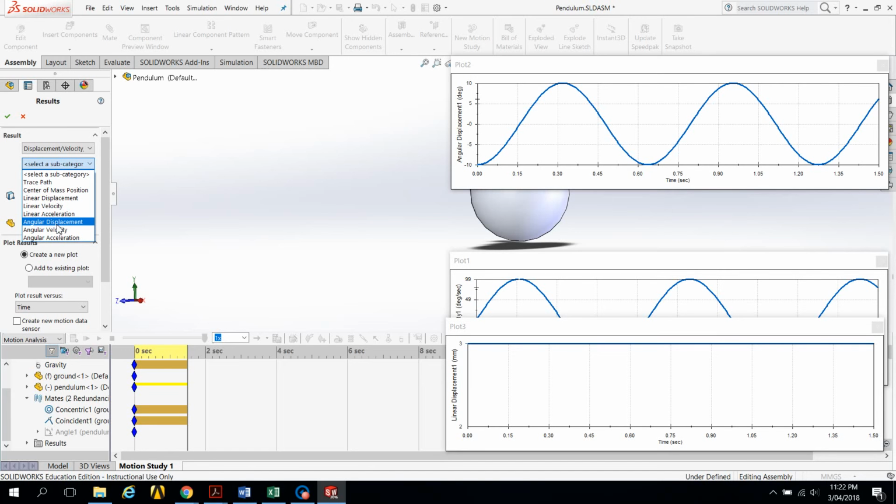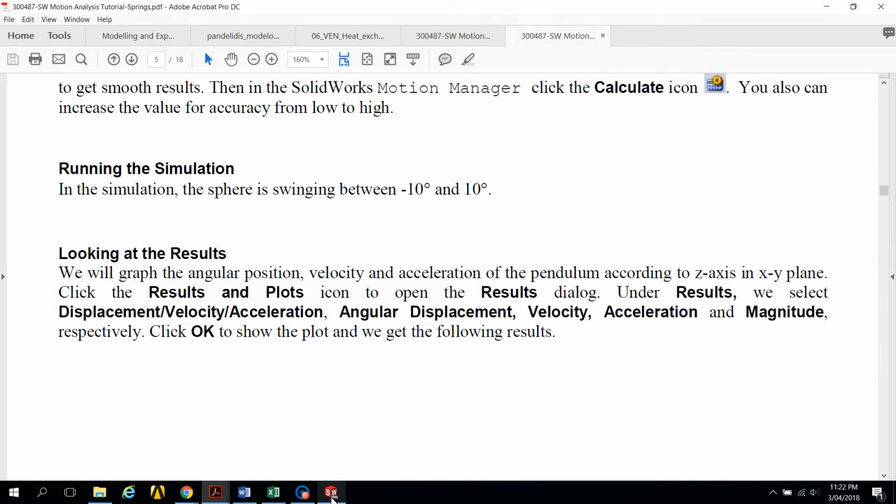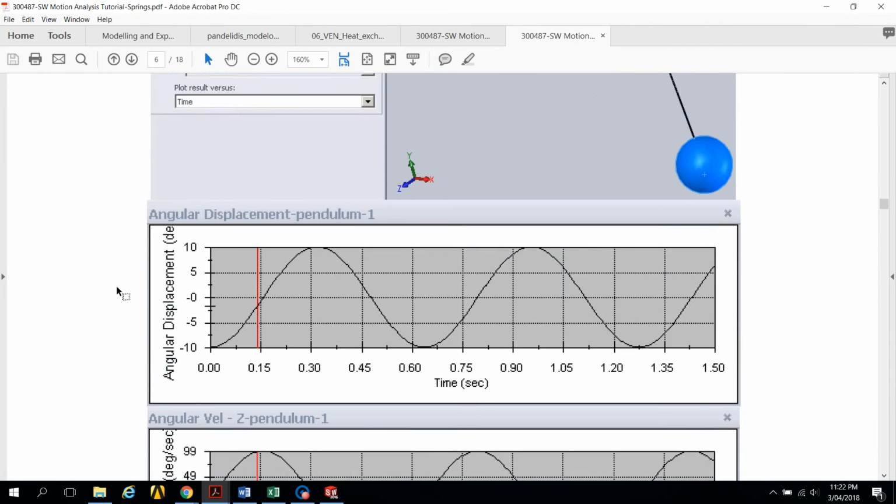Got the angular displacement, yes, angular velocity, angular acceleration. Now I'll keep this one, check what we have here. So we're going to have the following results.